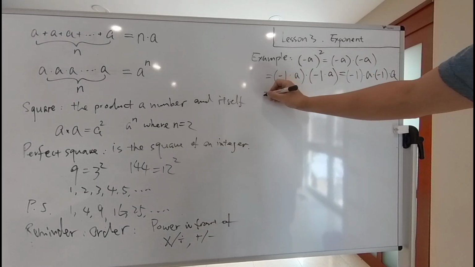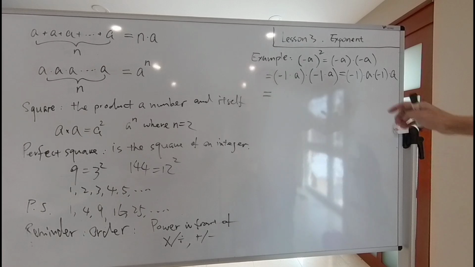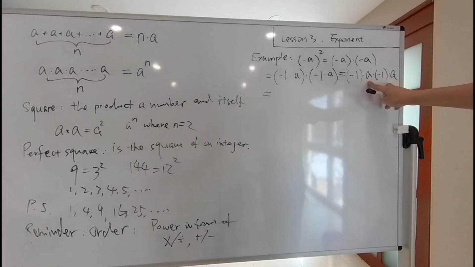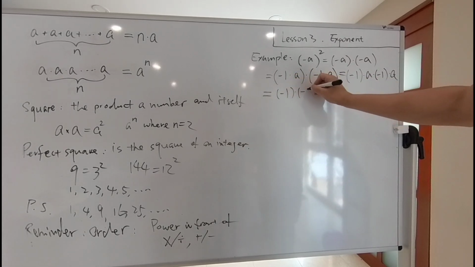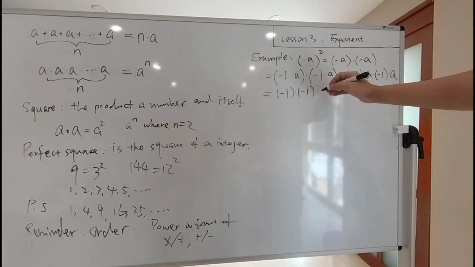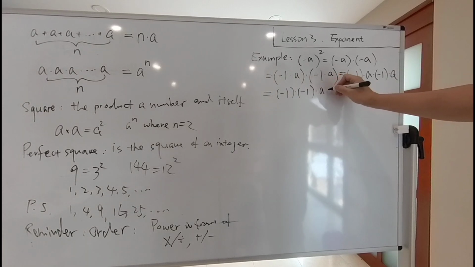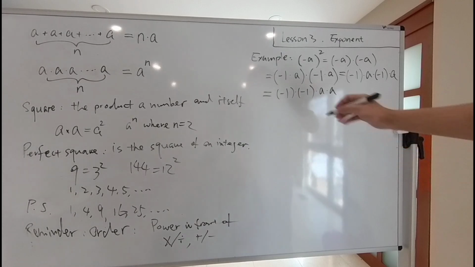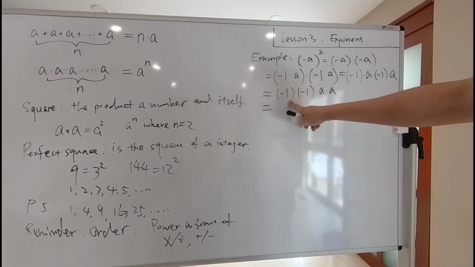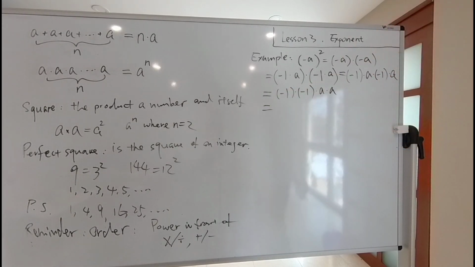And then by the commutative property of multiplication, I can shuffle the order of the two -1s and two a's, writing the two -1s first together and the two a's by the end. Now you may remember that we have learned the plus and minus signs in multiplication, right?